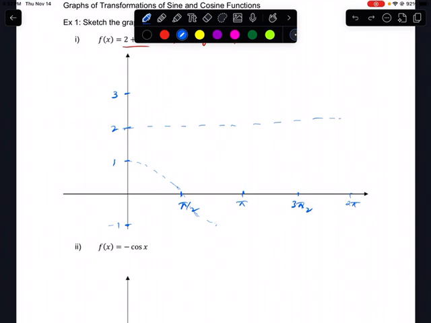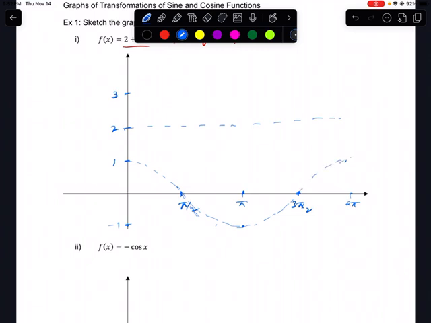So it will be negative 1 at pi. And it will be 0 here, and this is the original graph. So this is how it would look.